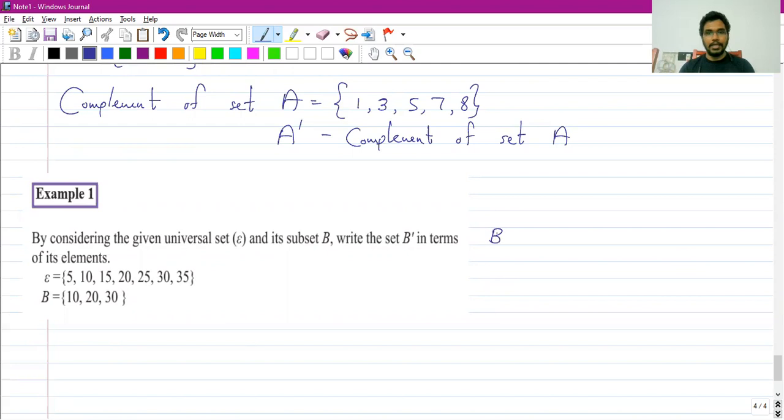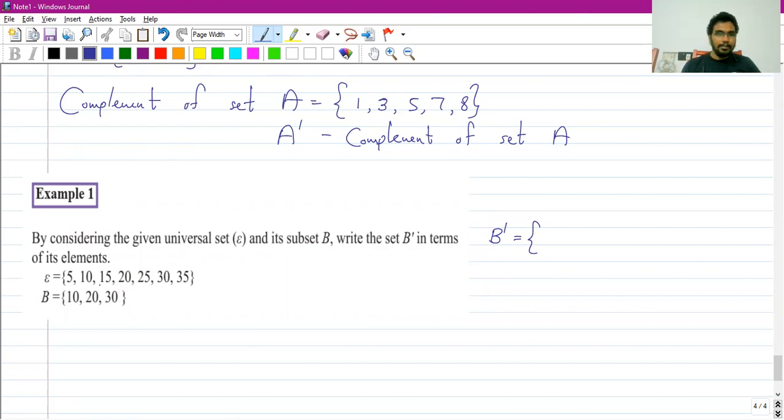So we can write B dash. Again I will say, complement of a set means all the elements which belong to the universal set but not to that set, A or B or whatever the set is named.